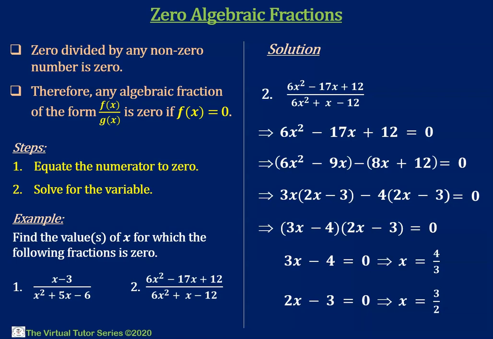Therefore, the values of x for which the given algebraic fraction is 0 are 4 over 3 and 3 over 2.